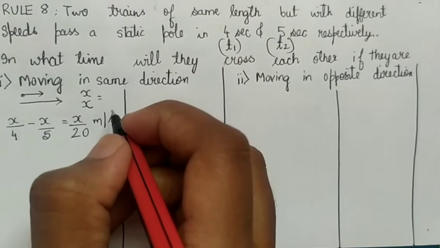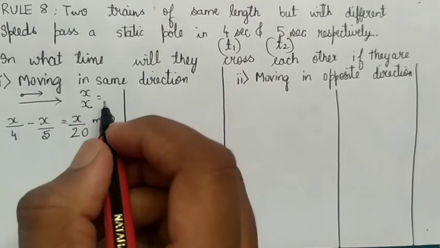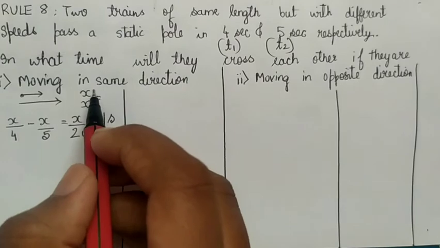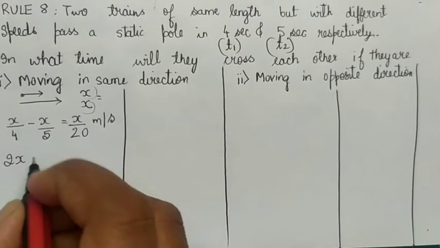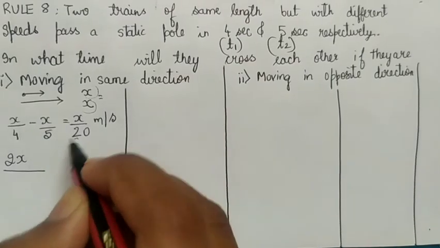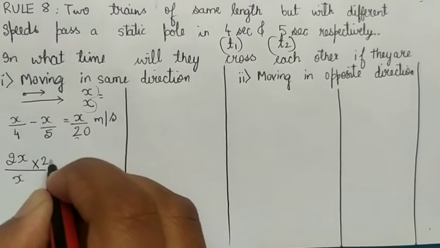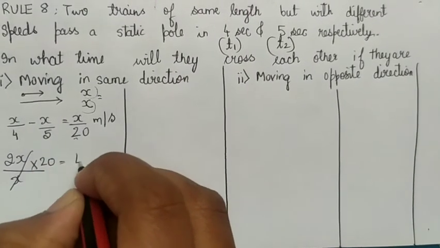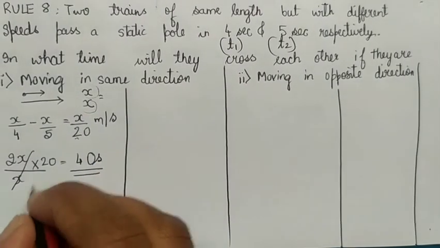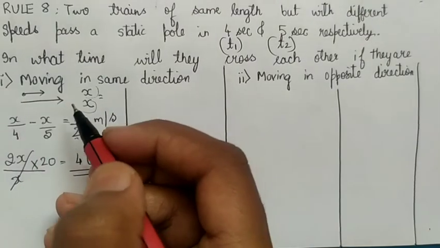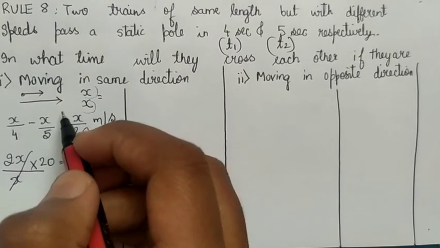So the required time will be the total distance. They must cover both the length of train 1 as well as train 2. The total distance is 2x divided by x by 20, which is 2x into 20 by x. This will be 40 seconds. This is the time taken by the trains to pass each other if they are moving in the same direction.